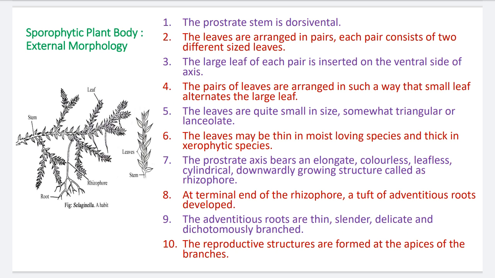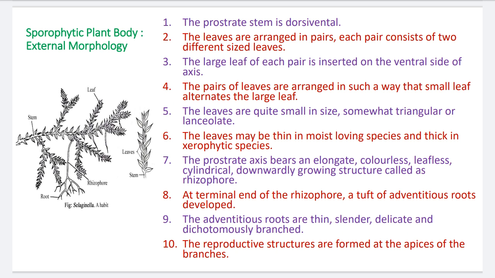This structure is called the rhizophore. Number 8. At the terminal means distal end, at the terminal end of the rhizophore, a tuft of adventitious roots is developed. This rhizophore produces adventitious roots at its tip.